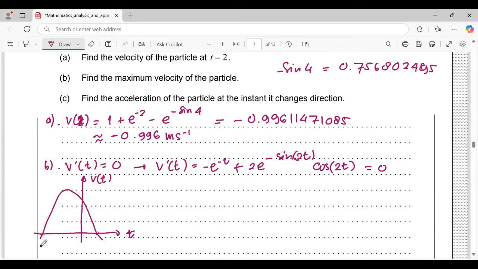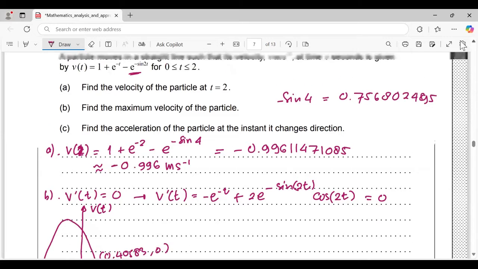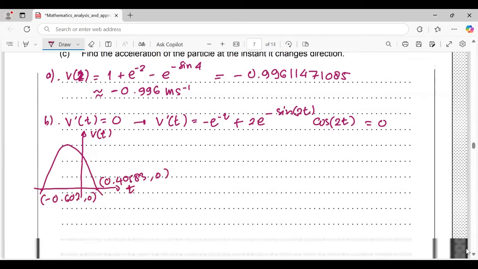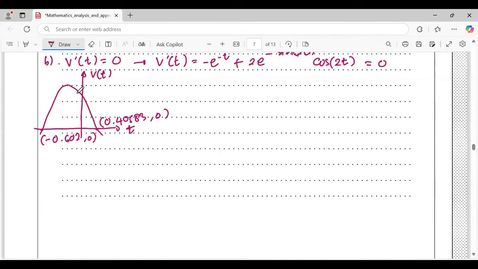The intercept points between this graph and the t-axis are, this one is 0.40583 and 0, while this one is minus 0.6020. But according to the information, the interval for t is from 0 to 2, so we just use this one.